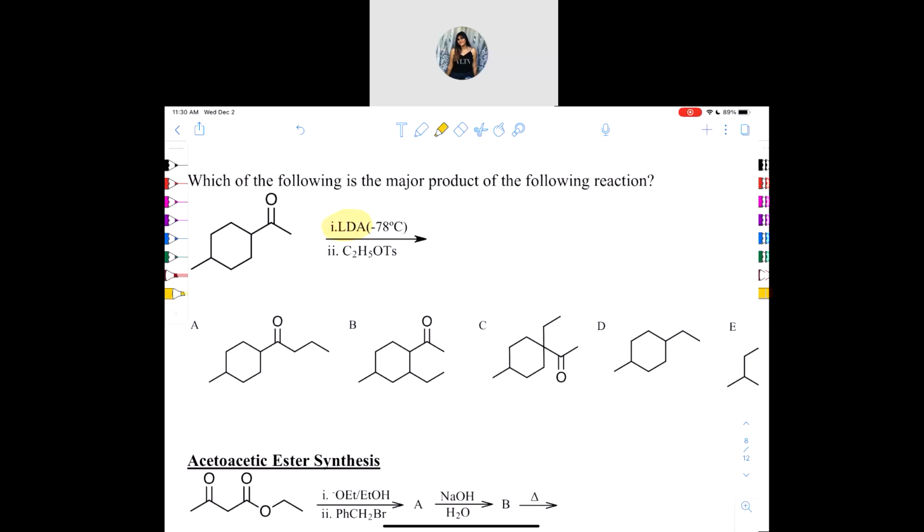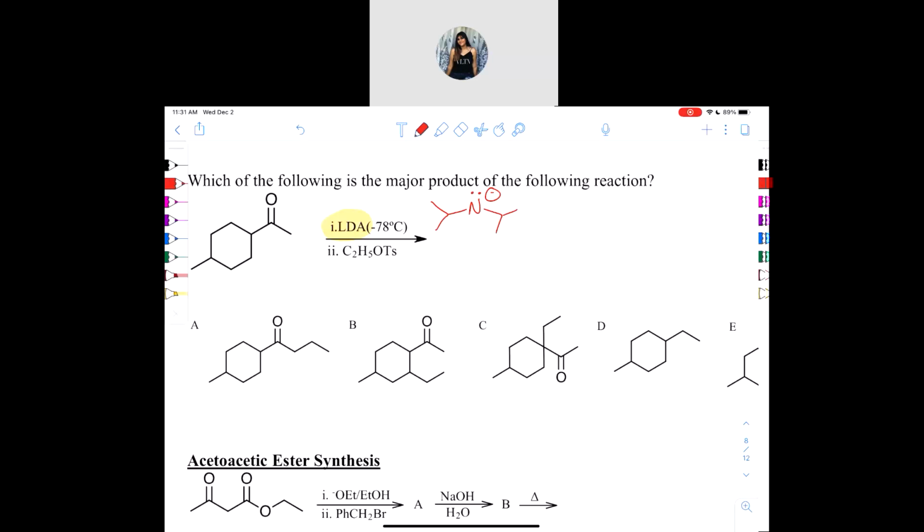And someone said specifically it is a strong, bulky base, and that is correct. So it looks like so. And the reason it's important for us to know that it's bulky is because it has a special property, if we want to call it that.